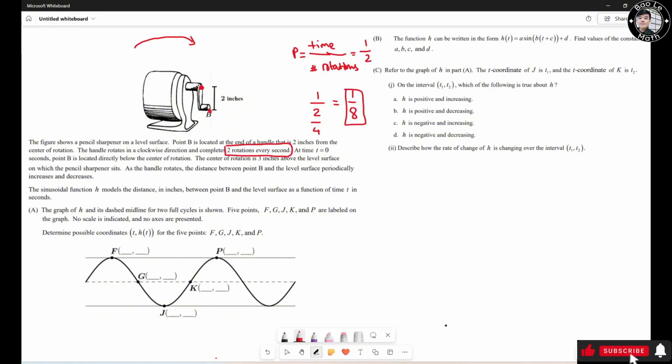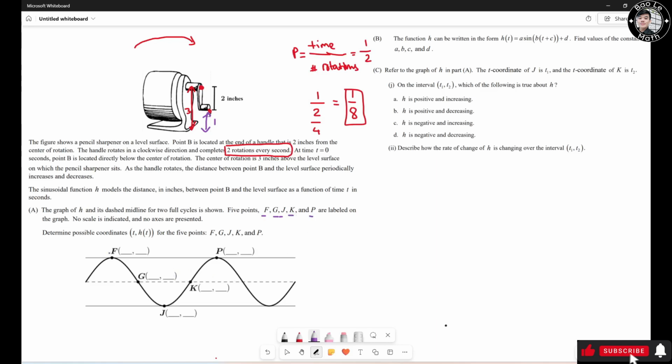So the distance from here to here is going to be 3, and the distance from here to here is 2. So then the distance from here to here is going to be 1. Now we need to find the coordinates of 5 points F, G, J, K, and P right here.